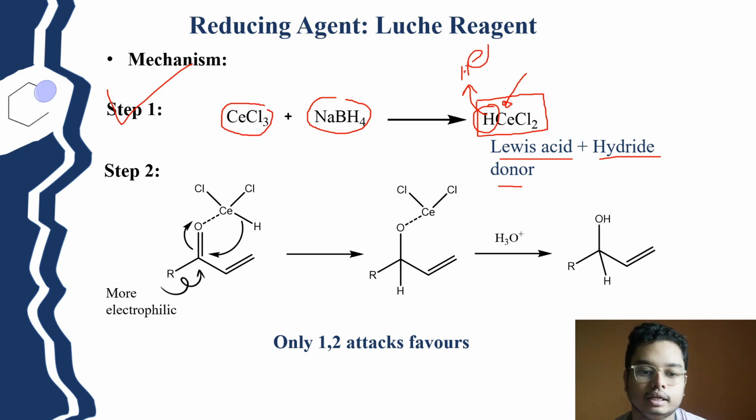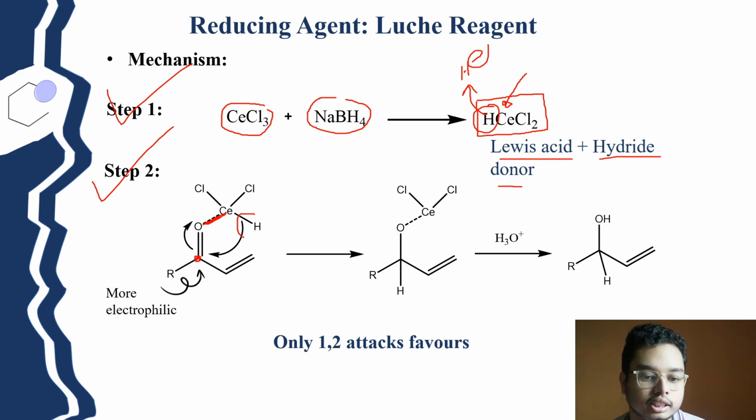Now in this step 2 mechanism, you can find that it is a concerted mechanism where this Lewis acid, the Ce acid, chelates with the oxygen of the carbonyl compound, the ketone part. Due to this chelation, the electrophilicity of this carbon center increases manifold.